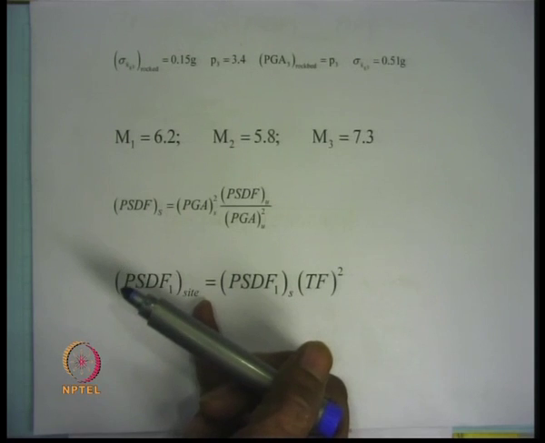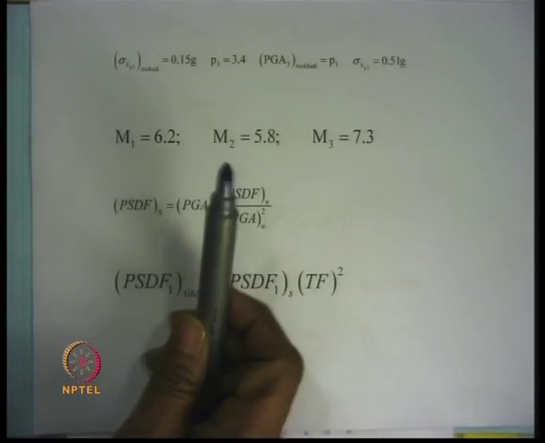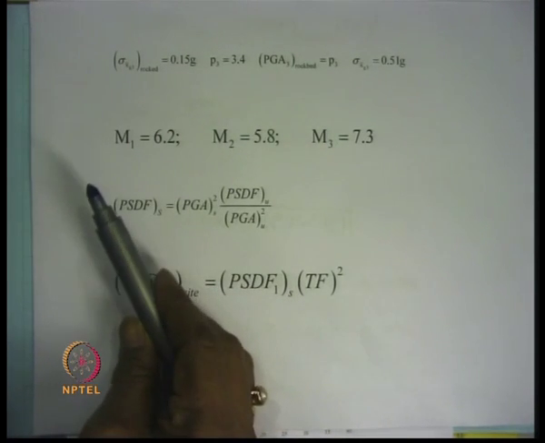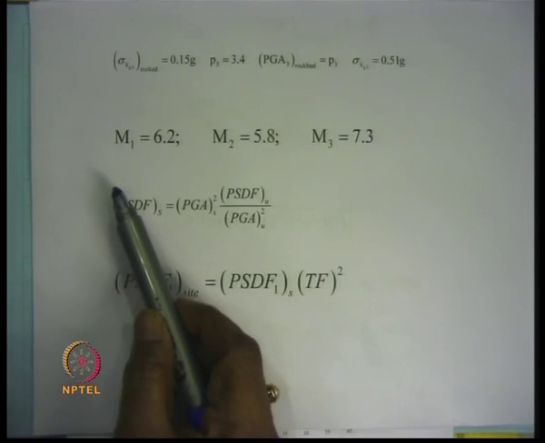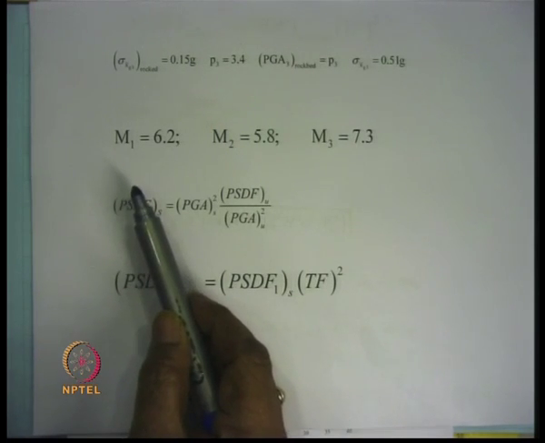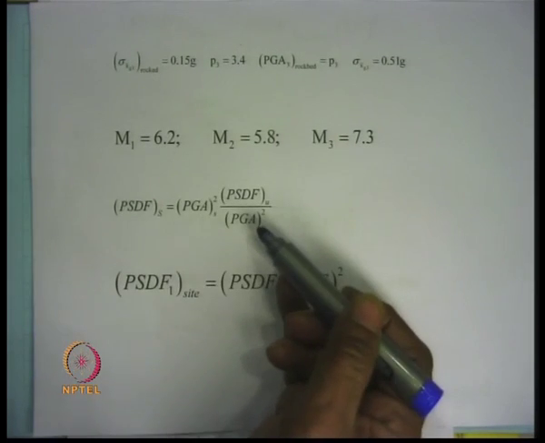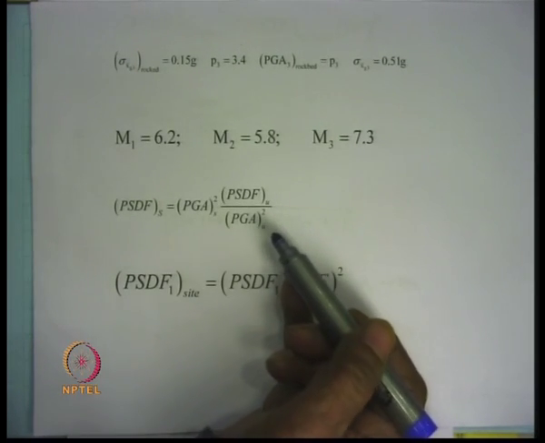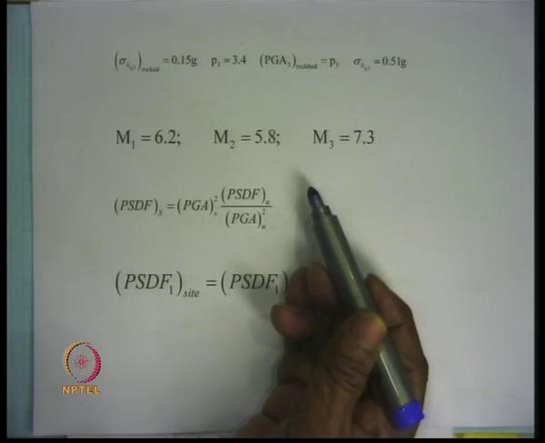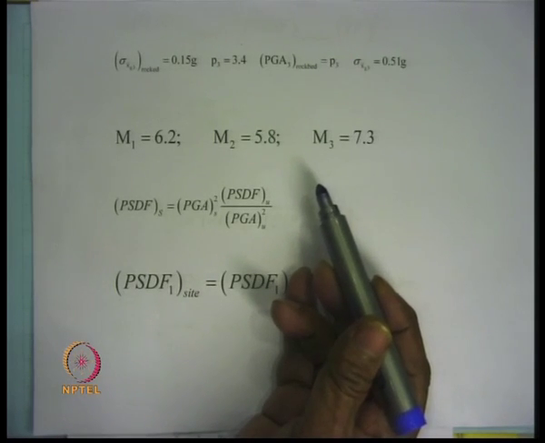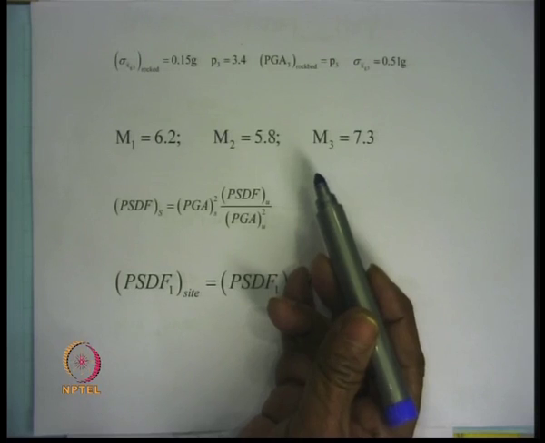So, for that what is done is, again we go back to the attenuation relationship, and in that relationship we put the value of the magnitude at 7 and epicentral distance as the epicentral distance of the site which is specified.